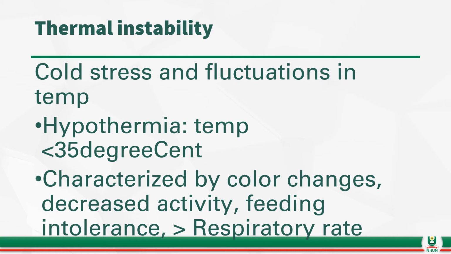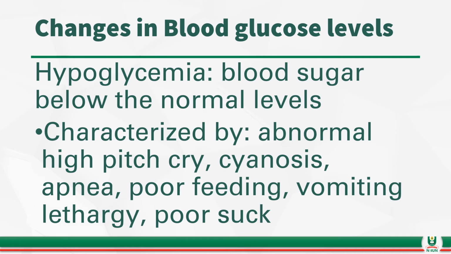And that could lead to hypothermia, which is the temperature below 35 degrees centigrade. And such a condition is characterized by color changes, decreased activity. The baby tends to have low activity, unable to feed, and there is always an increased respiratory rate.